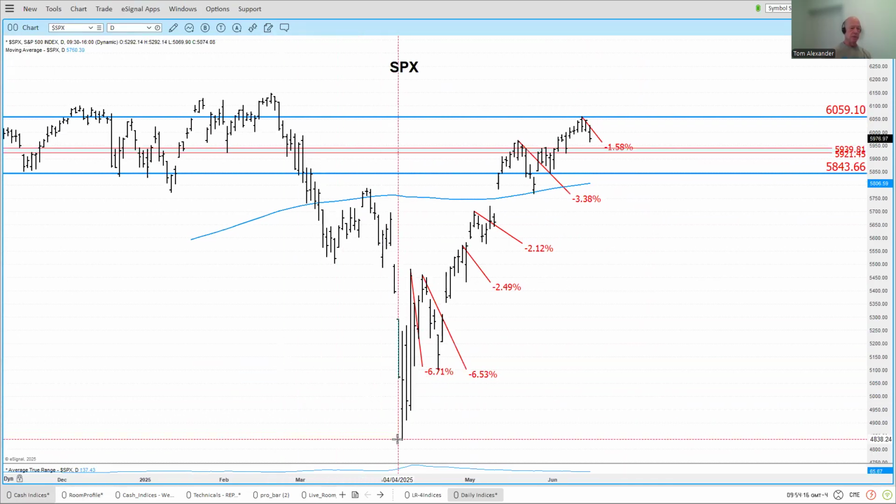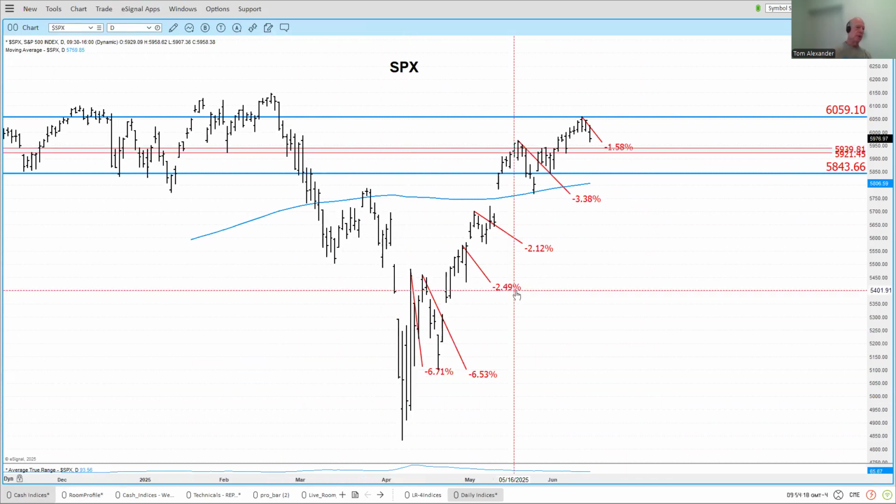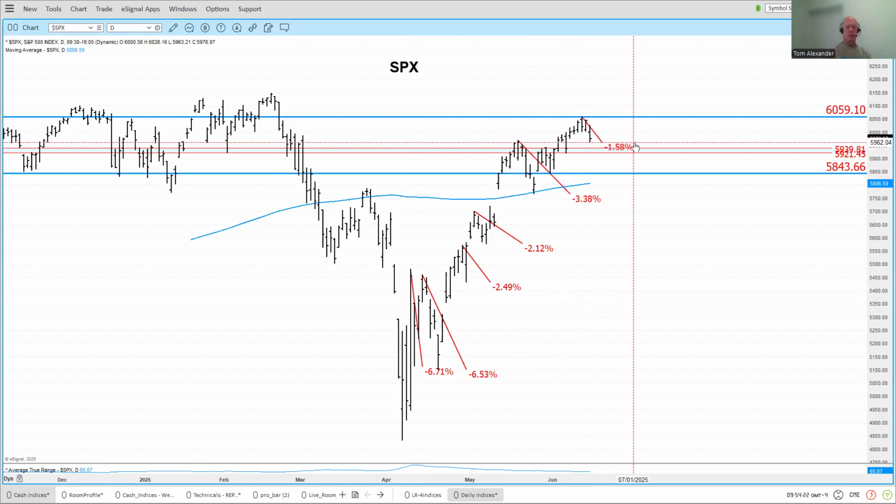And the rally since the April low has been extraordinarily vertical. So this is not extreme by any measure whatsoever. That doesn't mean this market doesn't turn and scream higher, but the probabilities are that it will not.